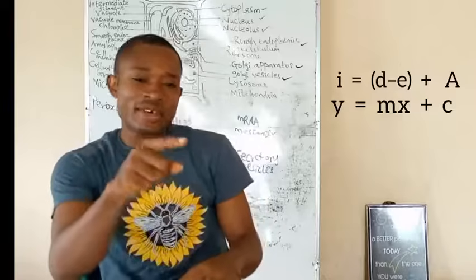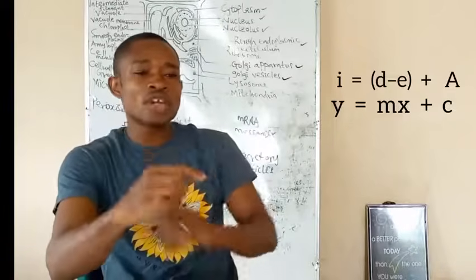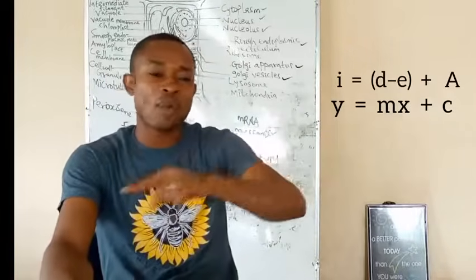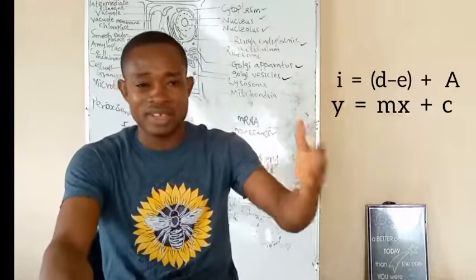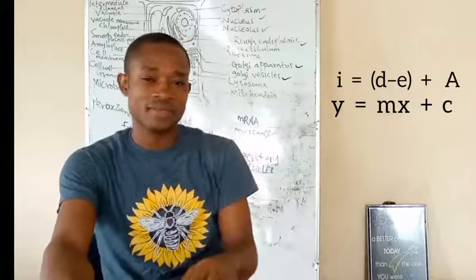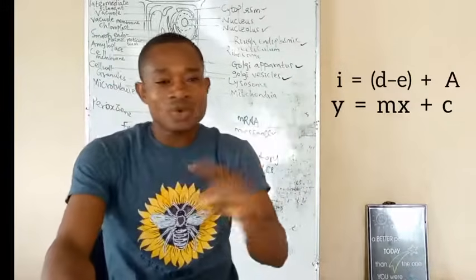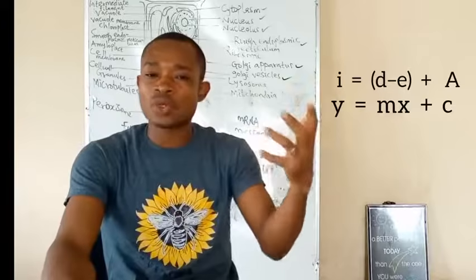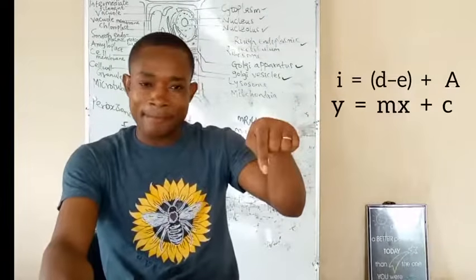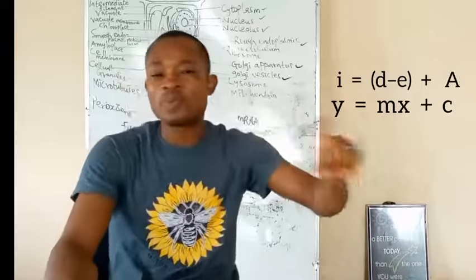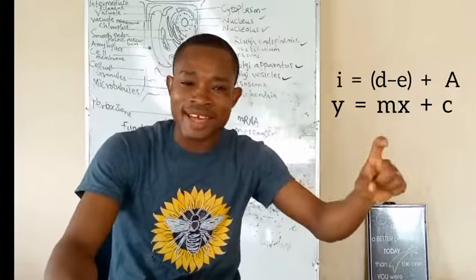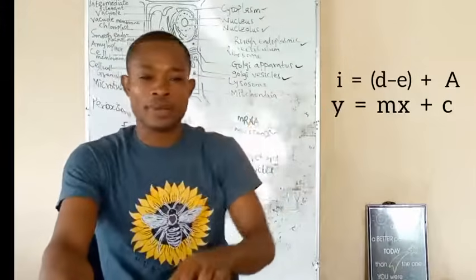And then D minus E is on the horizontal axis, because that's what we plotted on the x-axis. So D minus E is our x-axis. In that equation of a straight line, y equal to mx plus c, m, the quantity multiplying what we plotted on the x-axis, is the slope.